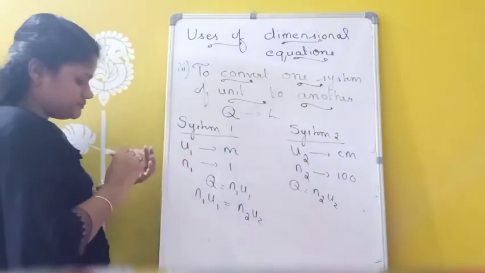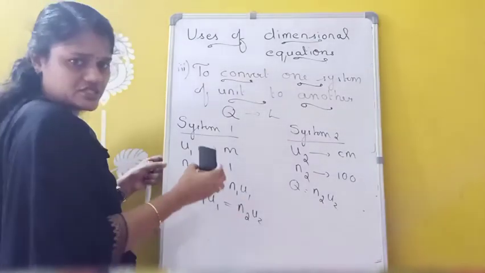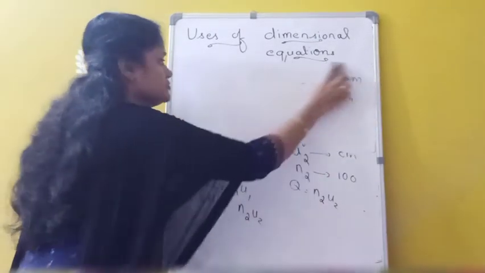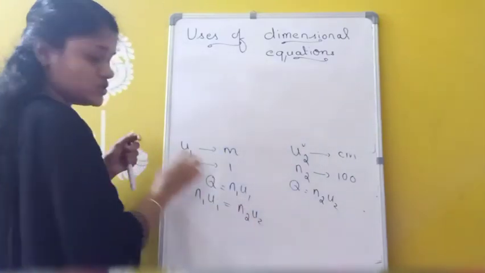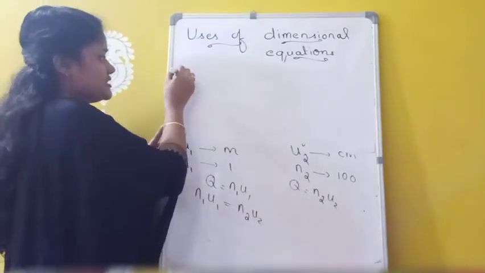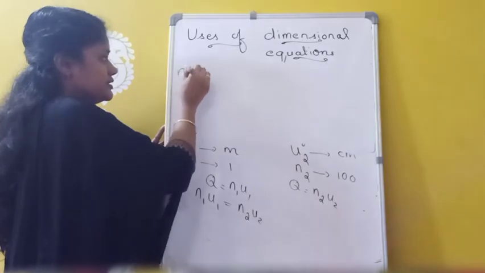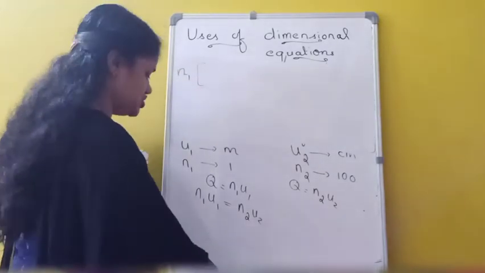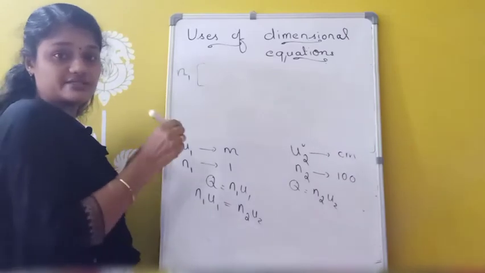Now I am writing dimensions on both sides. We have N1 U1 equal to N2 U2. N1 is a constant. N1 into the dimension of the first unit U1 in terms of mass, length and time.